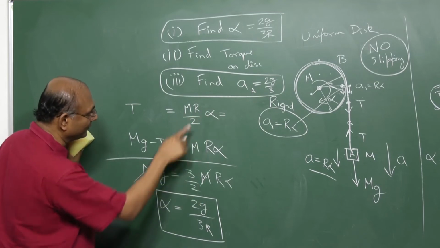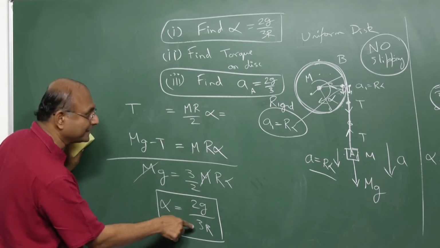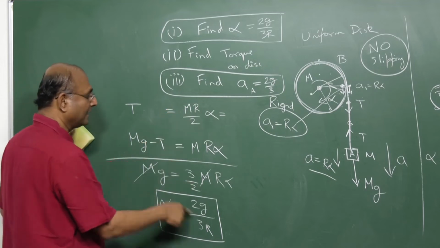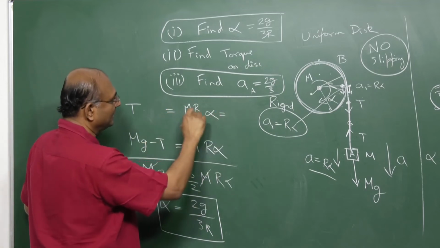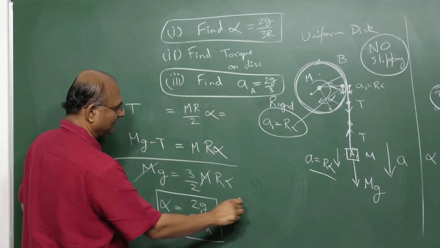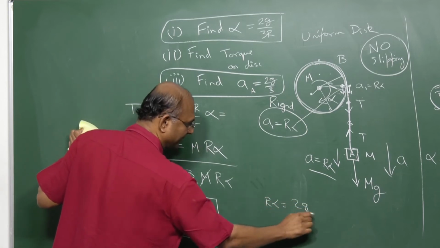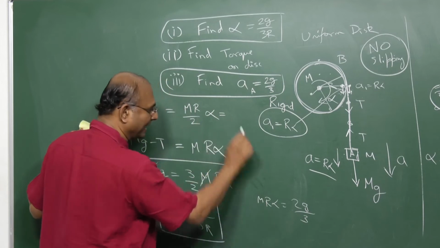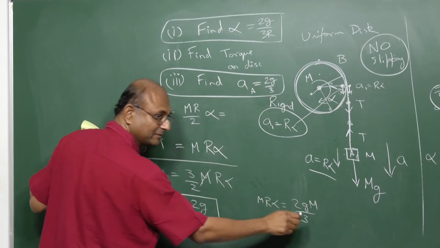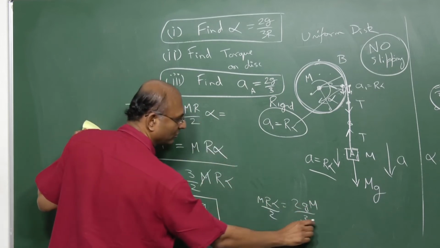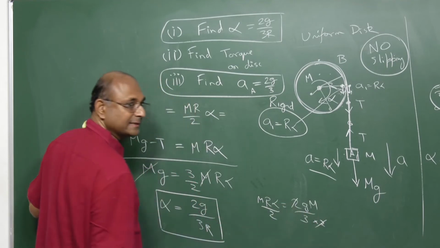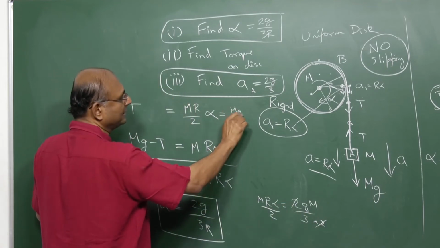So if I do R alpha, you can see that it is 2g by 3. Let's write it down. R alpha is 2g by 3. Mr alpha is 2mg by 3, by 2 is mg by 3. So this is mg by 3.